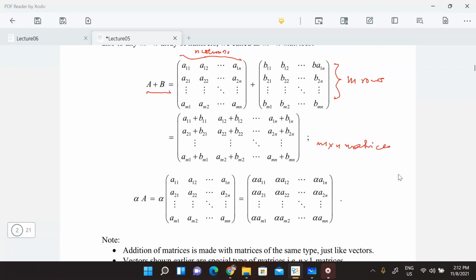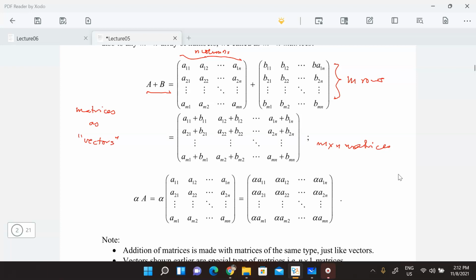But what is perhaps not so obvious to some people is that you can now regard your matrices as vectors. Why?